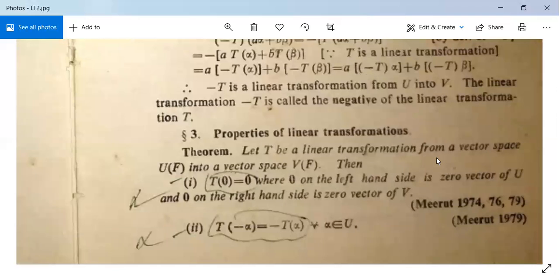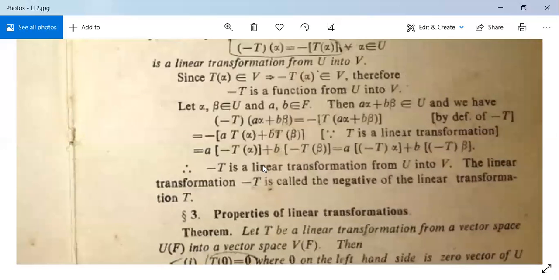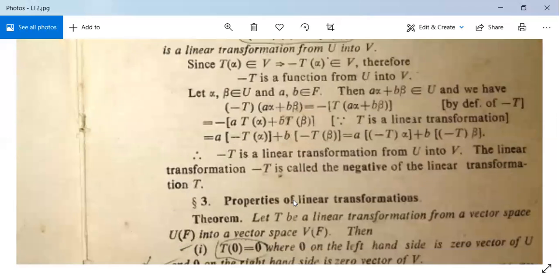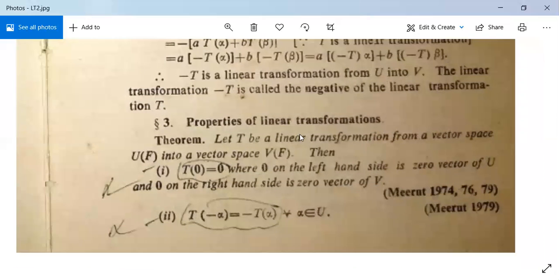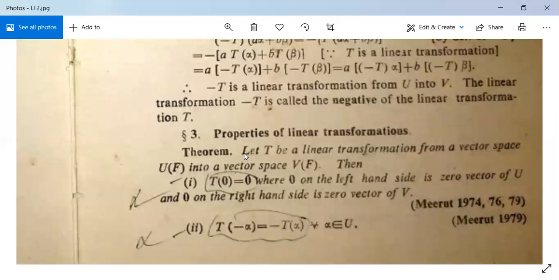After this, we have some properties of linear transformation, which we will discuss in our next class. See first, what are they? Let T be a linear transformation from a vector space U(F) into a vector space V(F).